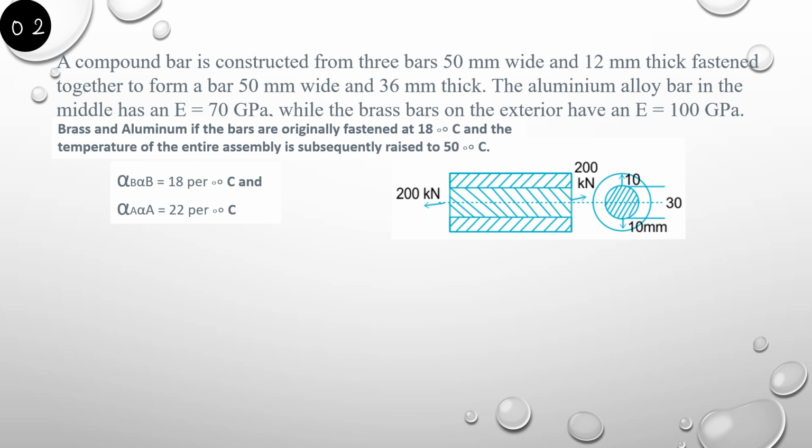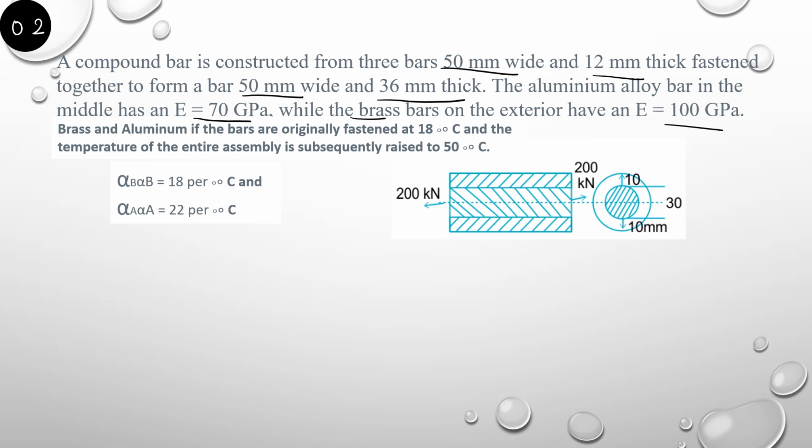The question is: a compound bar is constructed from 3 bars, 50 mm wide and 12 mm thick, fastened together to form a bar 50 mm wide and 36 mm thick. The aluminium alloy bar in the middle has Young's modulus of 70 GPa for aluminium and 100 GPa for brass.